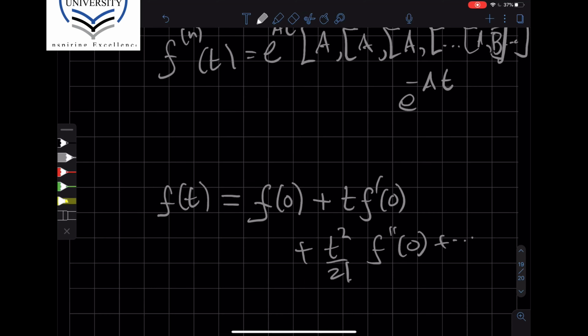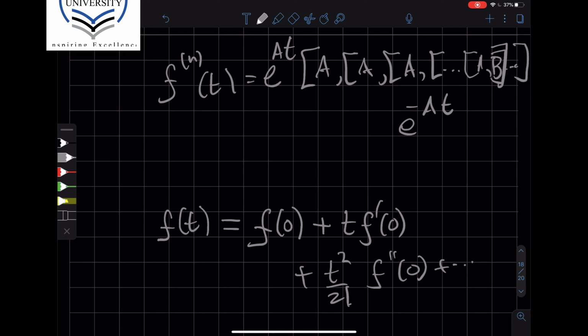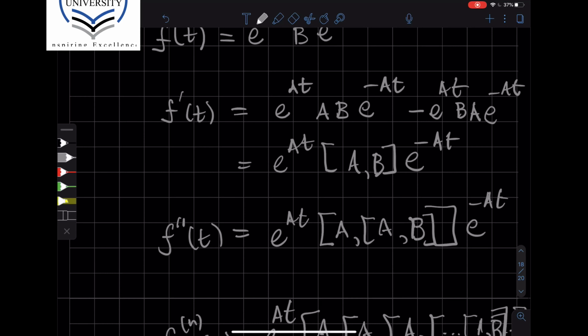If I look at f prime of 0, the factors e to the power at and e to the power minus at become 1, and all we're left with is the commutator.